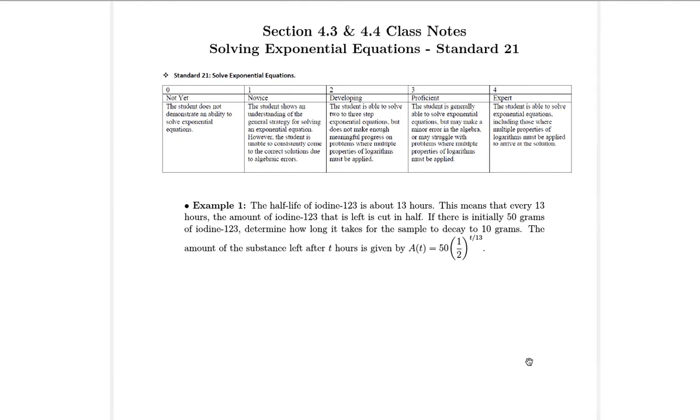With radioactive substances, over time, they decay into other substances. In this case, it's iodine 123, and iodine 123 atoms jettison parts of themselves and become a new element, essentially.